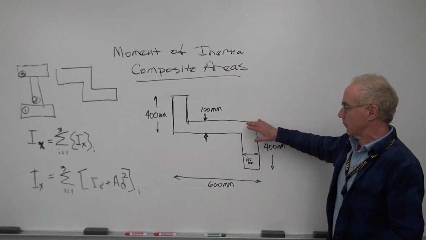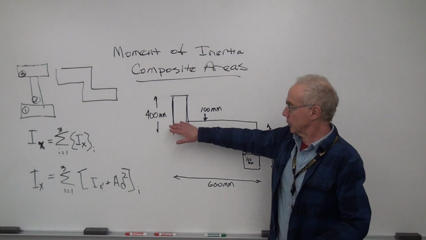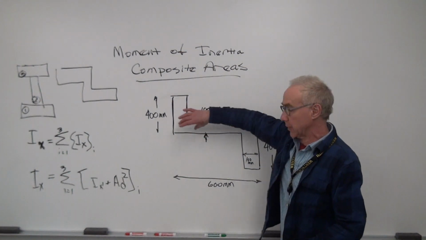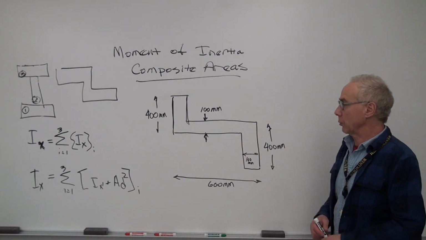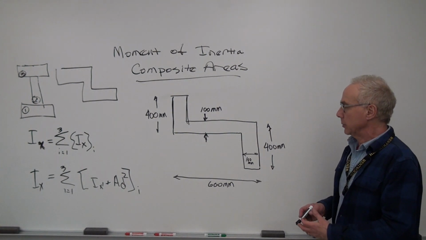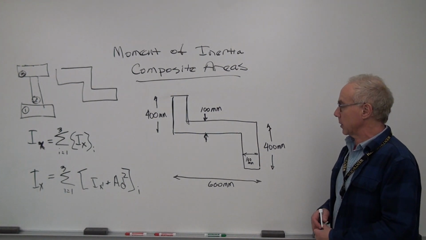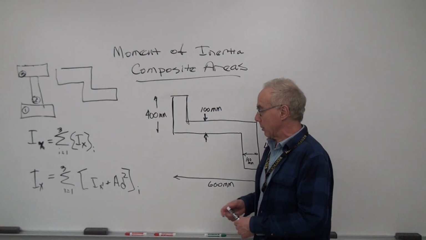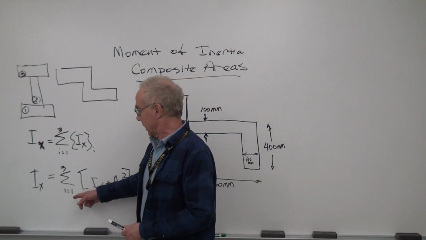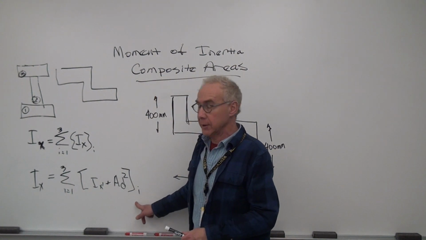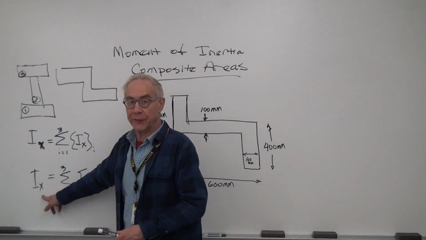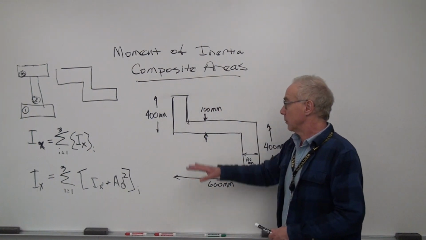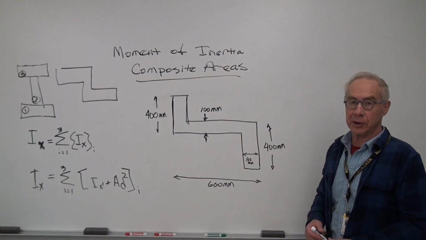We have 400 millimeters for this piece here, 600 across, and a constant thickness of 100 millimeters. And what we're going to do is break it up into 3 pieces, and evaluate the moment of inertia for each of them. And as you might remember, when we add together those moments of inertia, we get the full moment of inertia for the entire cross-sectional area.